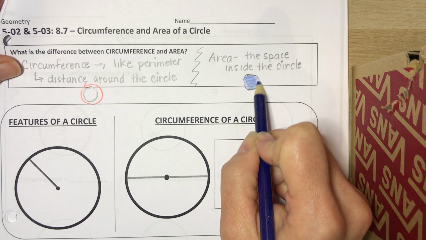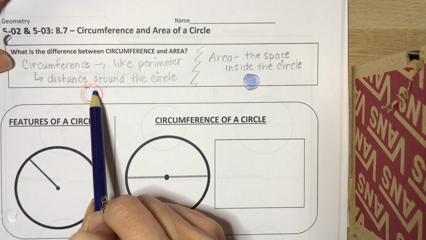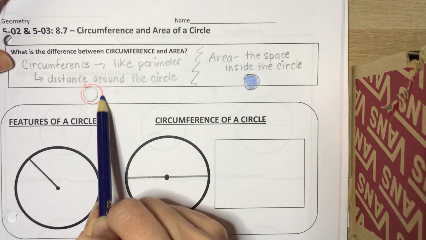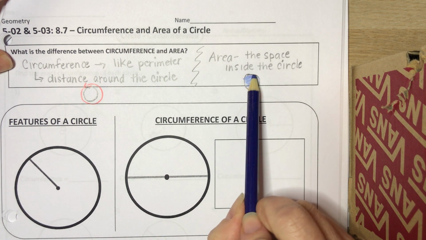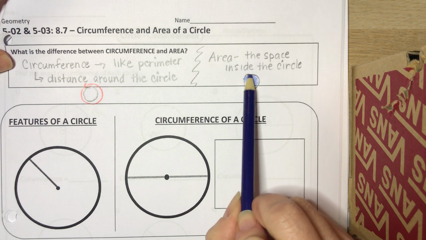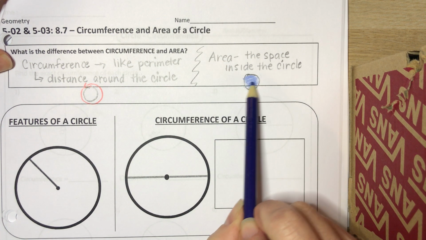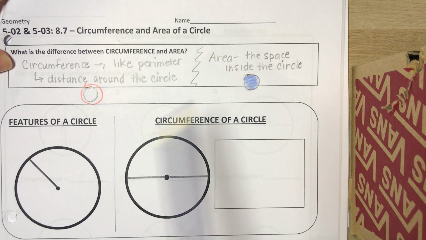So circumference would be like if I had a pool that was circular shape, how much fence would I need to put around the pool? If I were talking about area, it might be if I had a grassy area, how much grass or sod would I need to fill in that entire circular area?